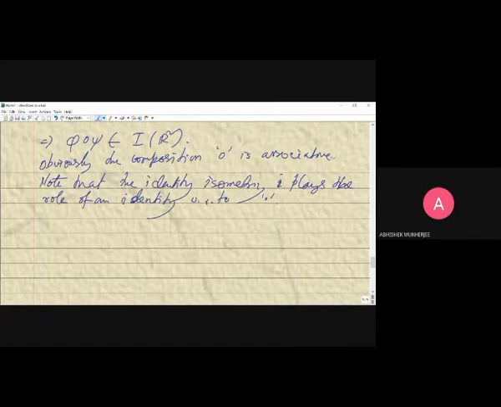So this proves that I(R2) forms a monoid with respect to the composition of maps.